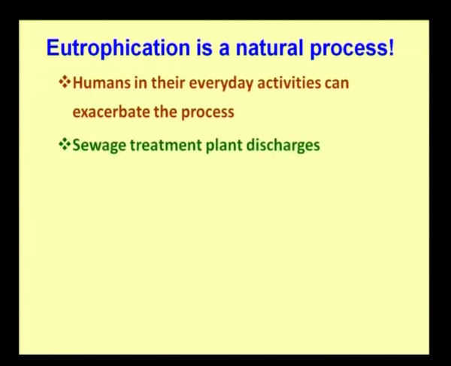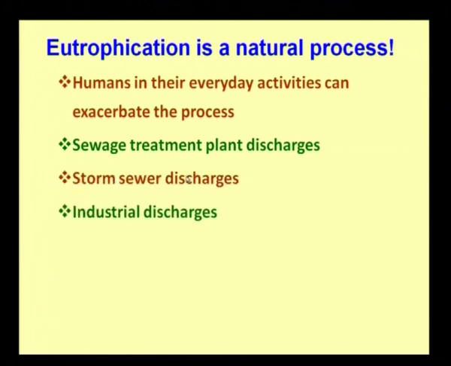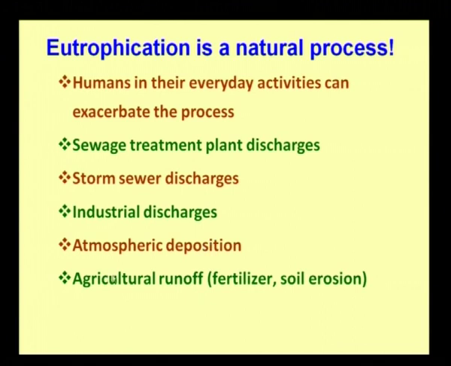And sewage treatment plant discharges and storm sewer discharges, industrial discharge, atmospheric deposition and agricultural runoff, the fertilizer and soil erosion and the septic system. So, all these are various causes for eutrophication.